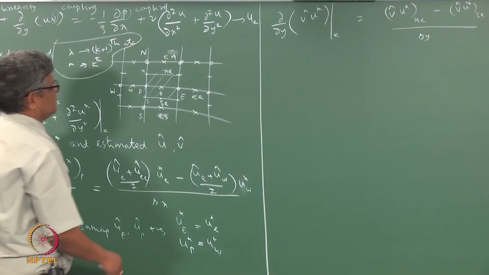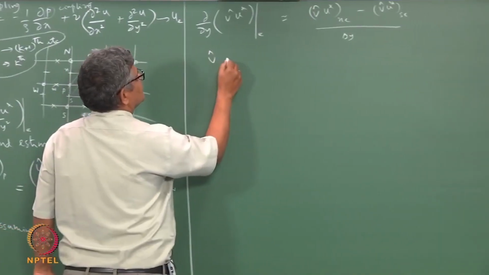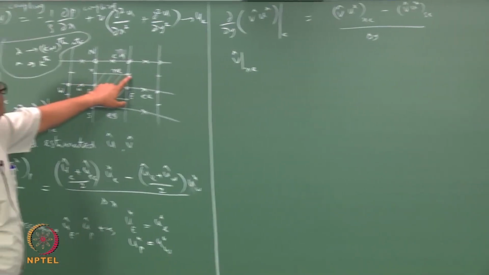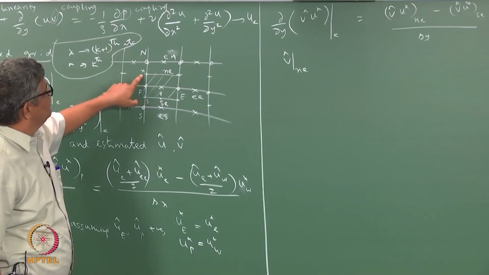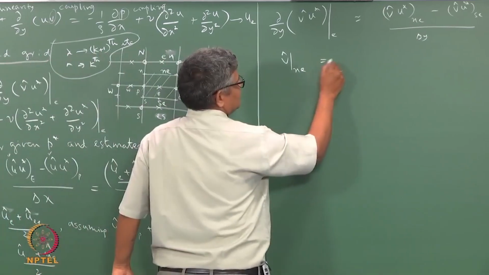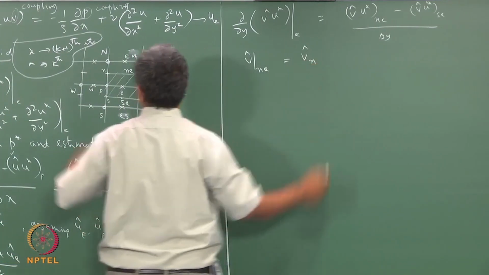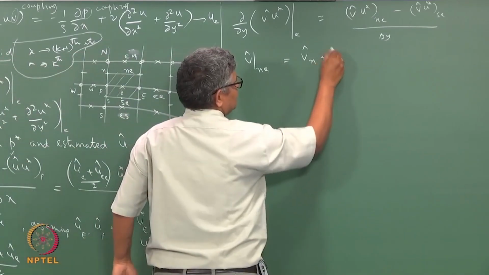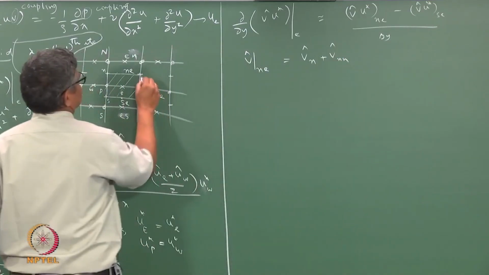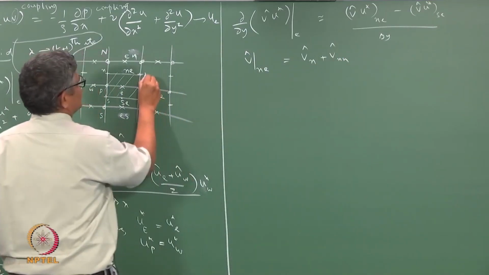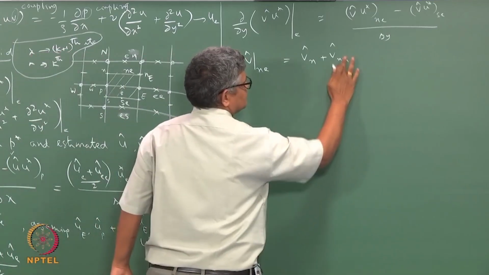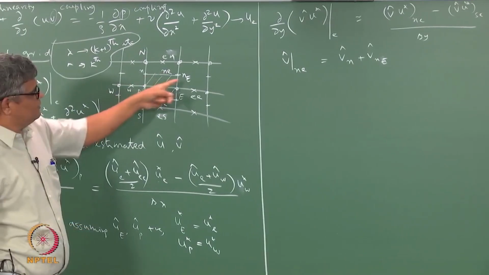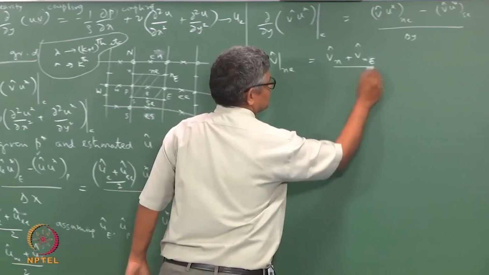So we can say that v hat at ne is the average of v at this point and this point. Okay. So we can call this v hat at n, which is being evaluated here, plus v hat at nn, and we will call this n capital E. So that is v hat at the next point at which velocity is being evaluated, divided by 2.